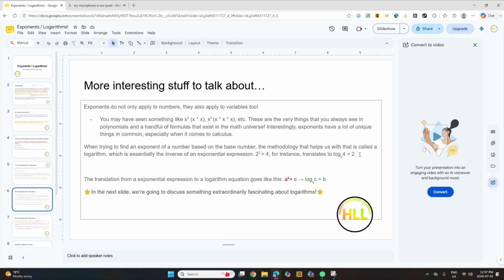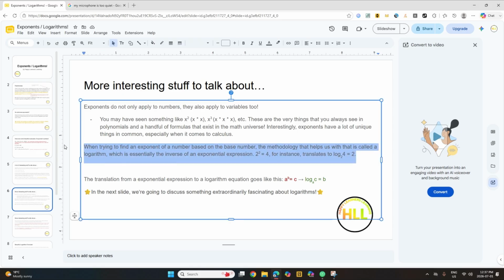And right here, this is where we are now talking about logarithms. When trying to find the exponent of a number based on the base number, the methodology that helps us with that is called a logarithm, which is essentially the inverse of an exponential expression.